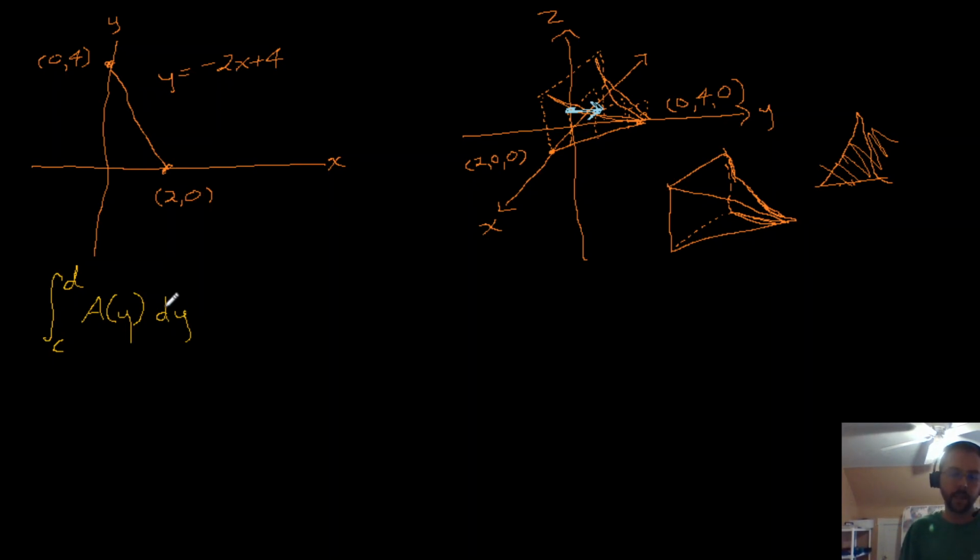In this case, the area of these squares is going to be the x value times 2 and then squared. So the area is going to be the length squared, and the length is 2 times the x value.